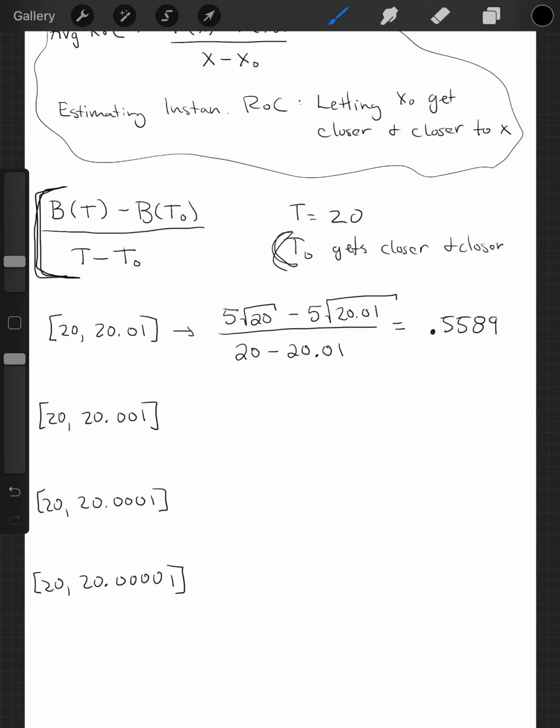There's no fancy tricks there, just plug it into your calculator. Same thing here. We use that exact same formula. We just have a different thing to plug in for the t naught. And that winds up getting 0.55901.